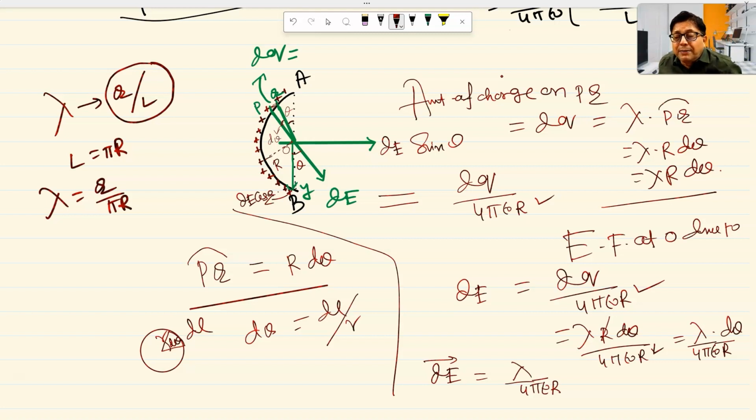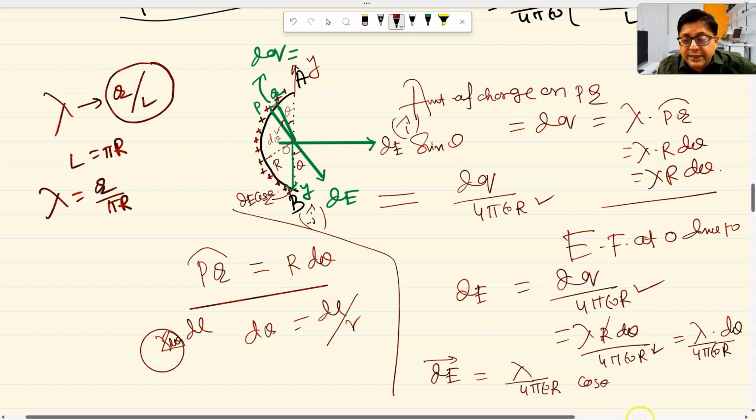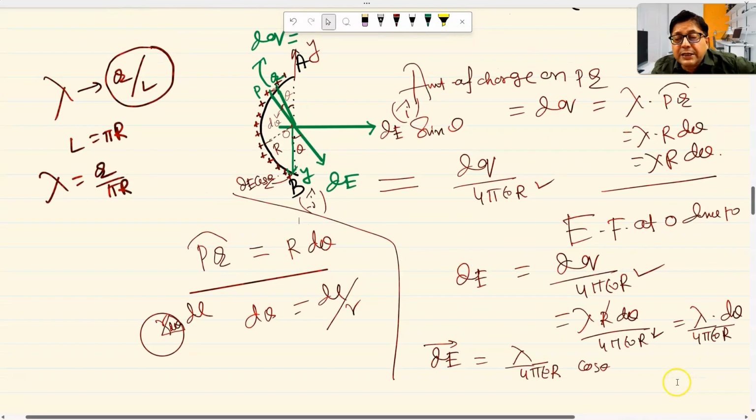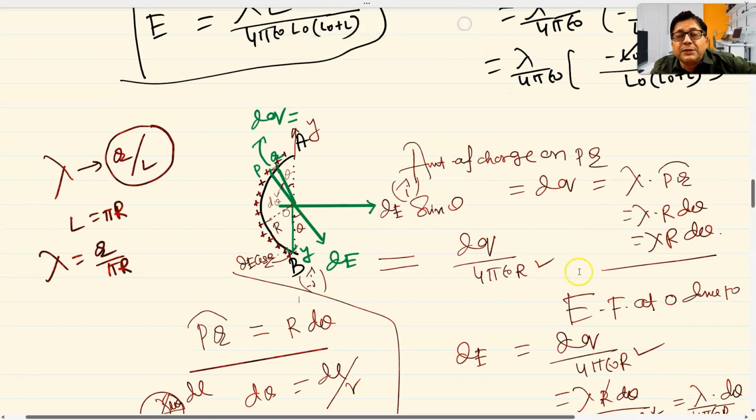Now dE equals lambda by 4 pi epsilon 0 r cos theta d theta. This way you take the vector j cap and this way you take i cap. You have taken a two-dimensional coordinate this way, or if you take this one as the y-axis, then you take this one minus j cap.